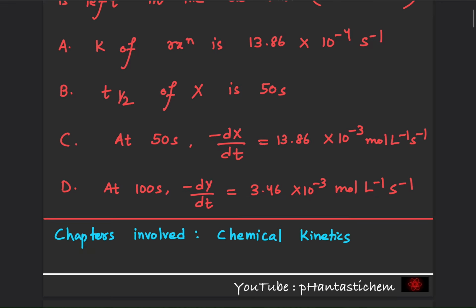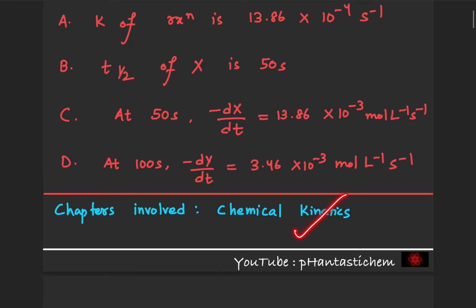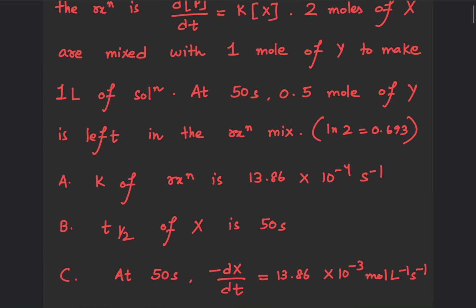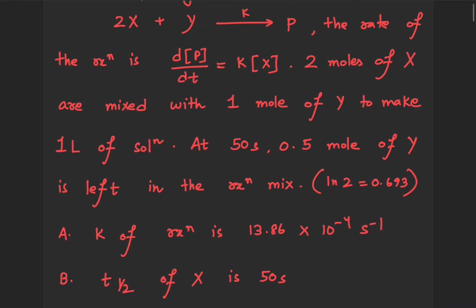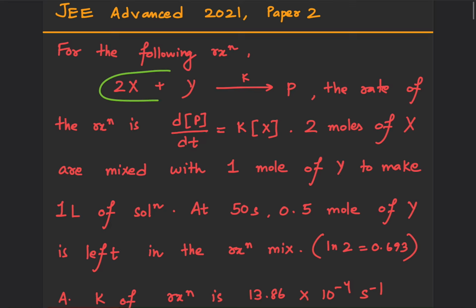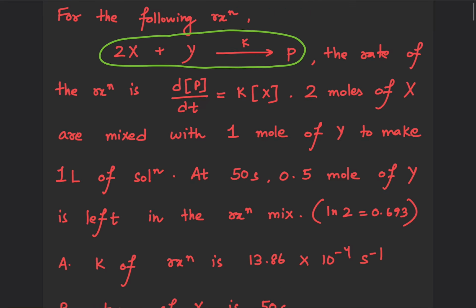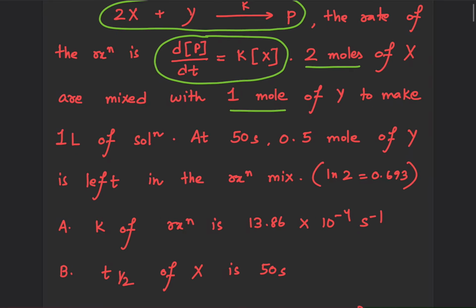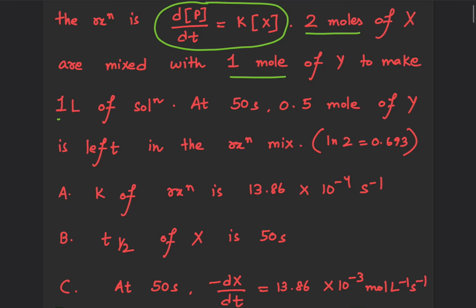Okay, so ln2 value is given and there are a few options given to us, and the chapter involved is chemical kinetics. So here the important things are that this is the reaction that we are talking about, and this is given to us. Then we are starting with 2 moles of X and 1 mole of Y, also 1 liter of the solution.